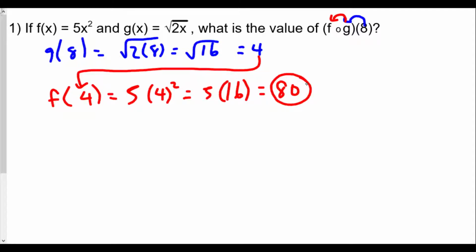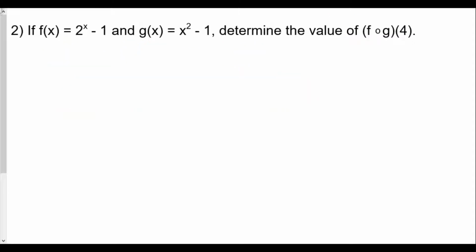Number 2 is very similar. Here, again, we have f of g of 4, but this time around we have different values for the functions. If f of x equals 2 to the x power minus 1, and g of x equals x squared minus 1, first 4 goes into g, so we have now g of 4.